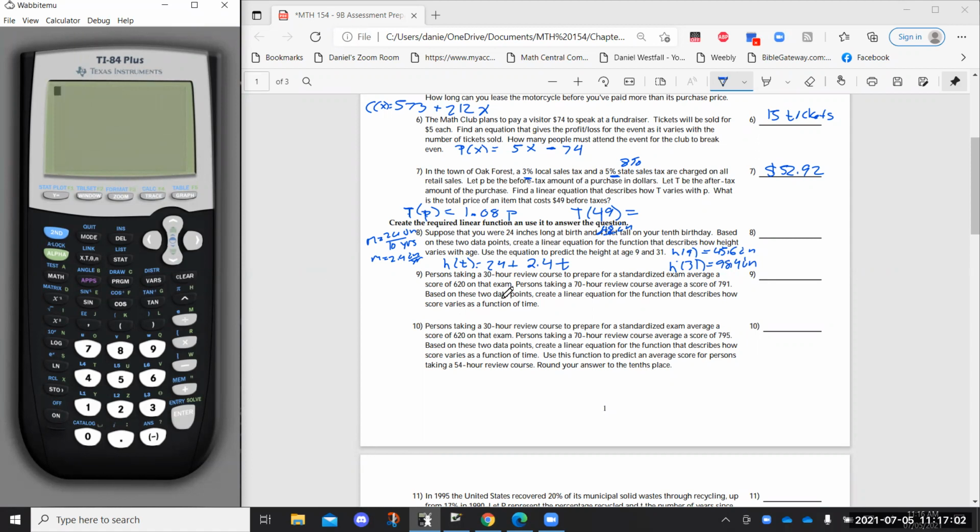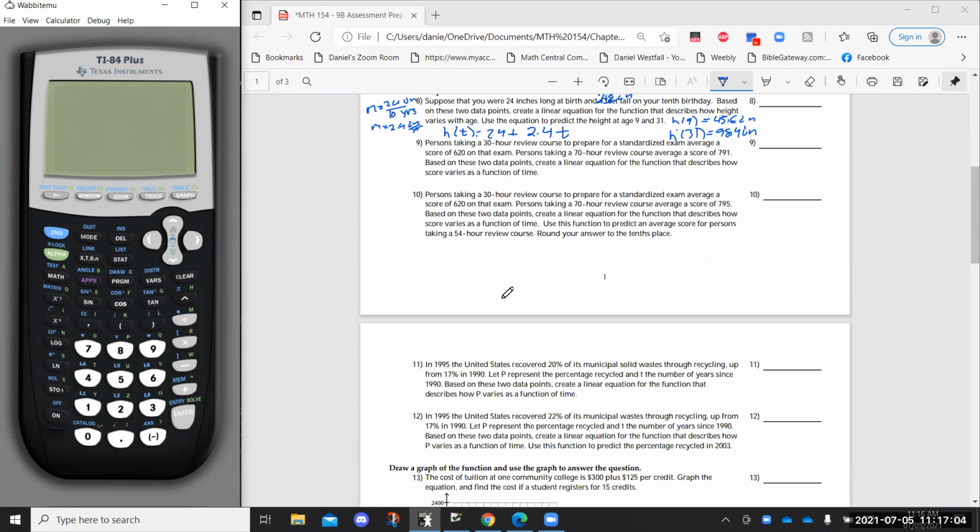A person taking a 30-hour review class to prepare for a standardized exam has a score of 620. A person with a 70-hour class has 791. So we're going to be looking for this slope, 791 minus 620 over the difference between 70 hours and 30 hours, is going to be 169 over 40.